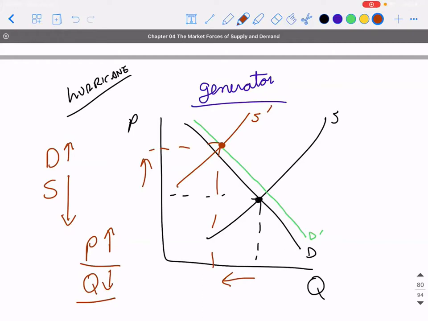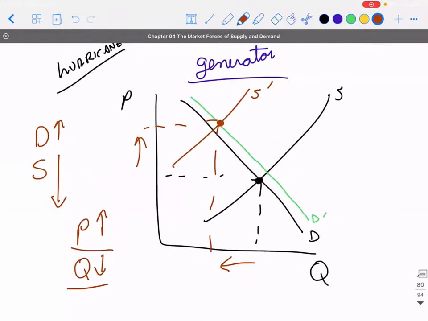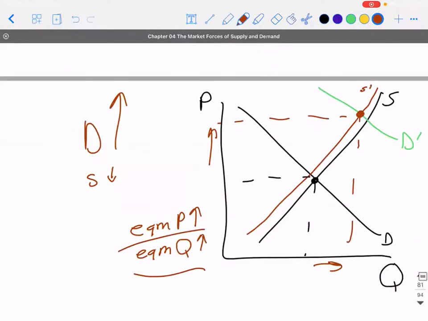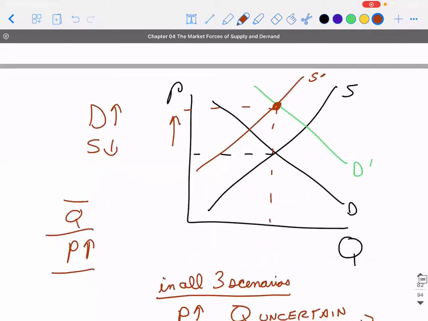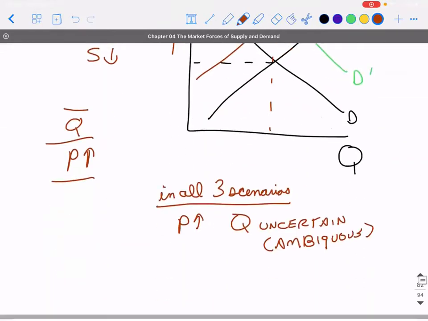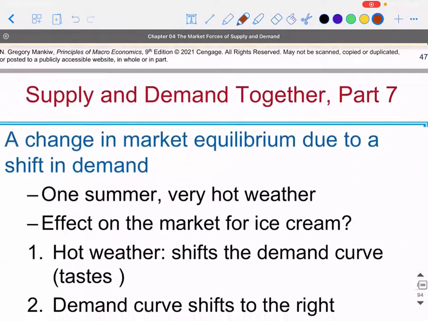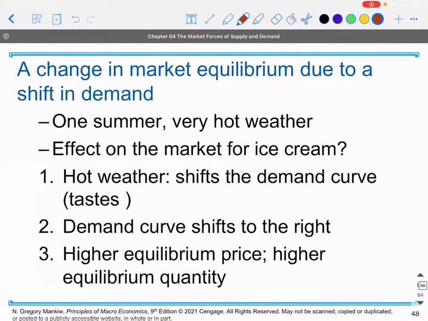So that you could determine whether it was picture number 1, picture number 2, with demand shifting now more than supply, or picture number 3, where they shift equal amounts. That's how you'll know in what direction price moves.